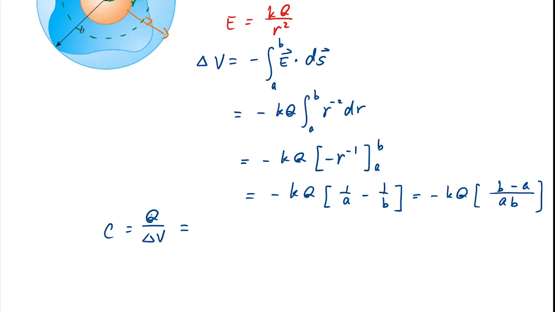So we have AB over kQ times B minus A. So this whole thing is positive when you knock this negative sign out. Good? Okay. So far so good?